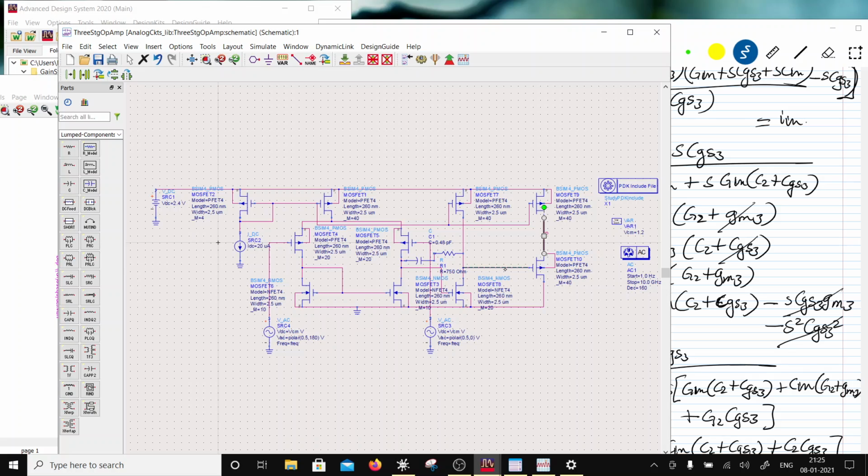Notice this node, I have to hang an RC to the ground or to VDD or whatever, small signal ground. So I have to have an RC hanging from here to ground if there is a complex pole, and this RC more or less is going to do something similar.